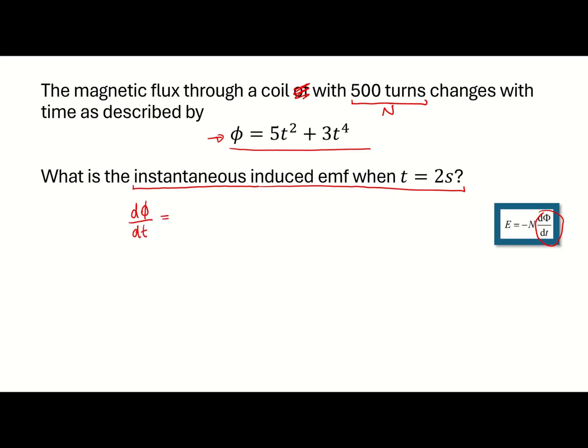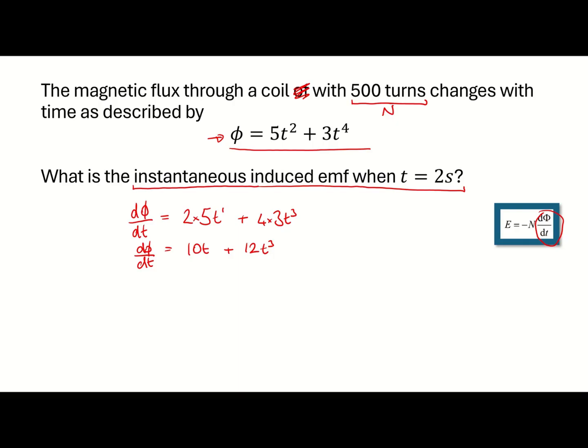So let's differentiate this. Power goes down by 1, 5t to the 1, multiplied by the old power, times by 2. Let's do the same thing for the second term, 3t cubed, and then times by 4. So we've got 10t plus 12t cubed. So we now know what our d phi over dt is.